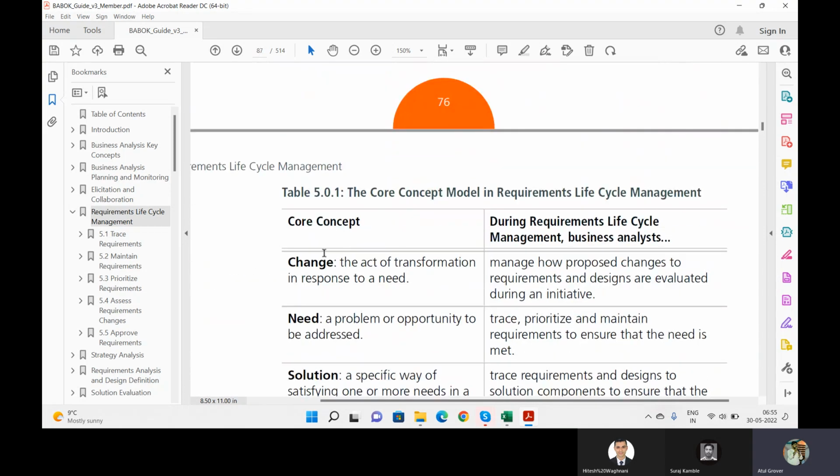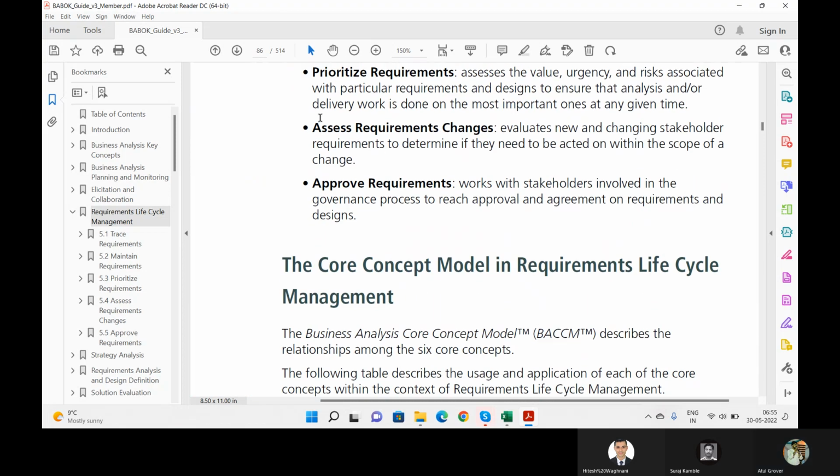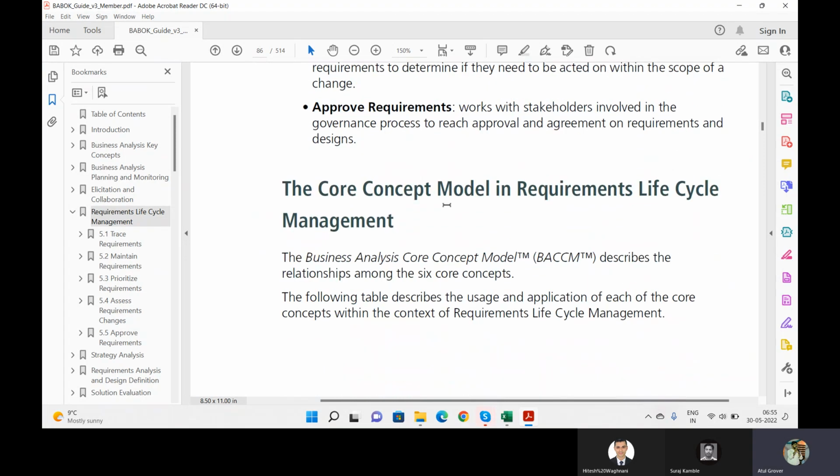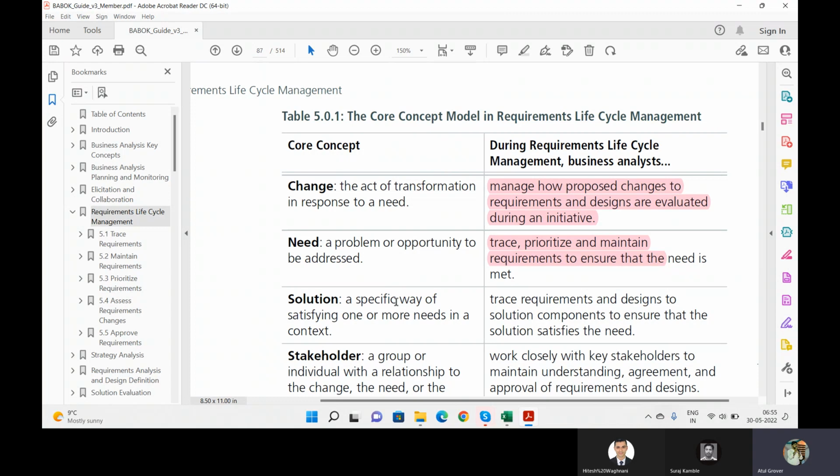Change is the act of transformation; manage how the changes to the requirement and design are evaluated. Change means you will be seeing this part: assess the requirement changes. Then need means trace, prioritize, and maintaining this part. Solution: trace requirement and design to the solution components.